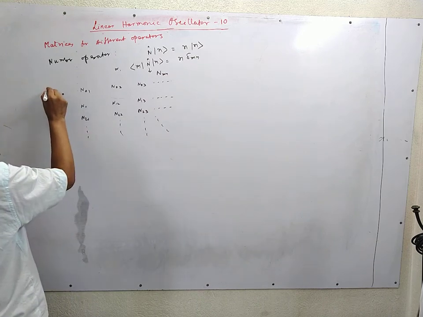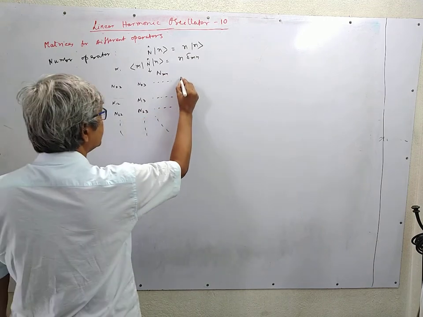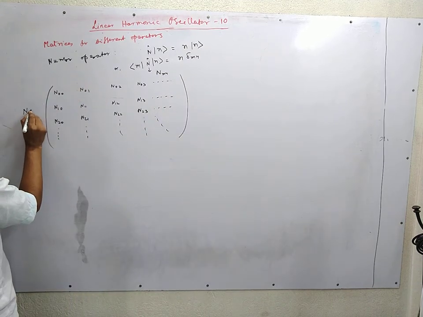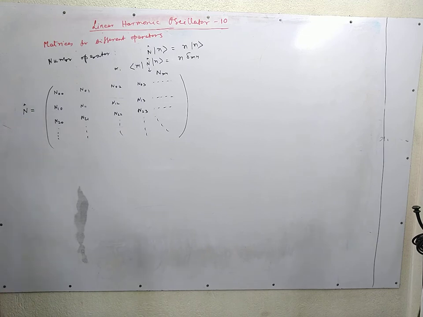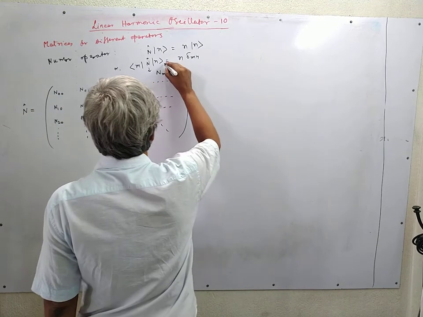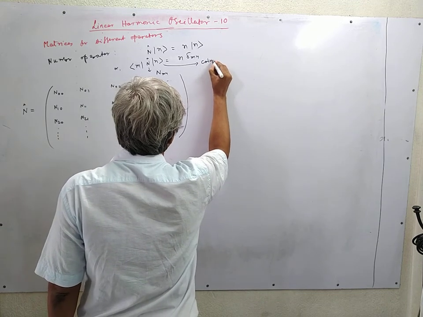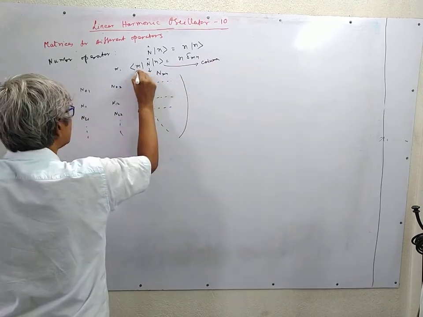You know that the second index corresponds to the column index, and the first is the row index.